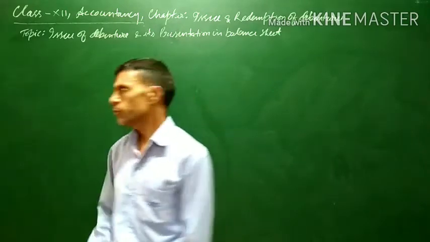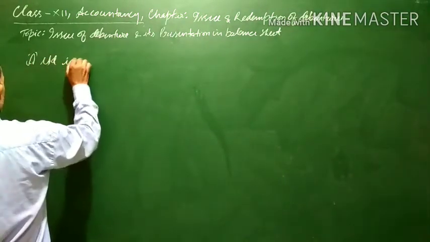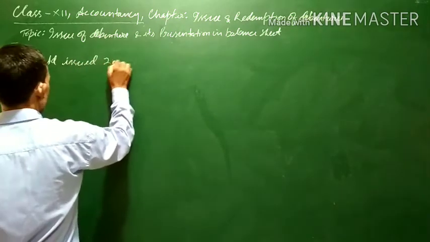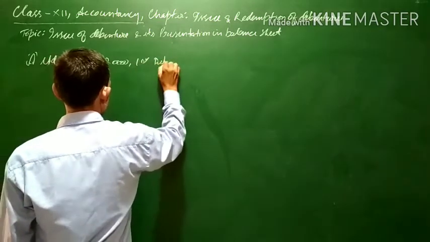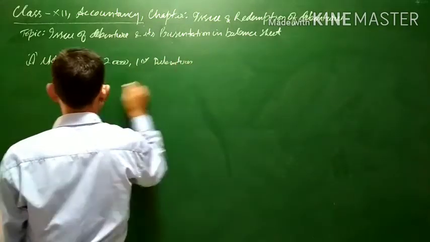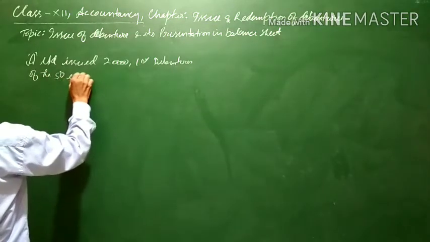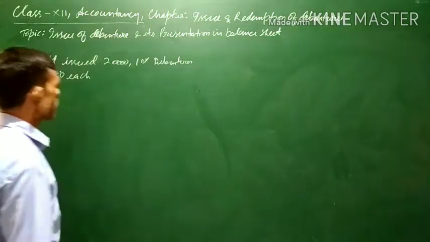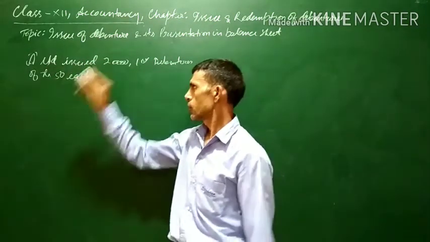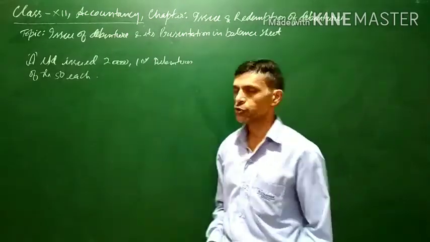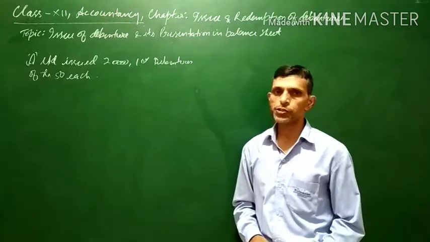First of all, let us assume that A Limited issued 20,000 10% debentures of rupees 50 each.